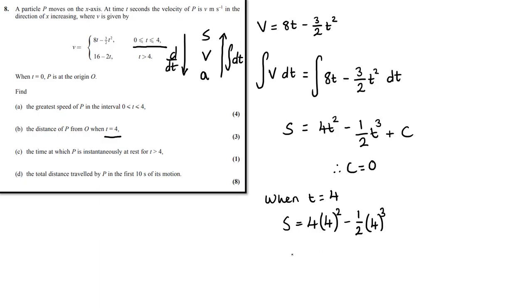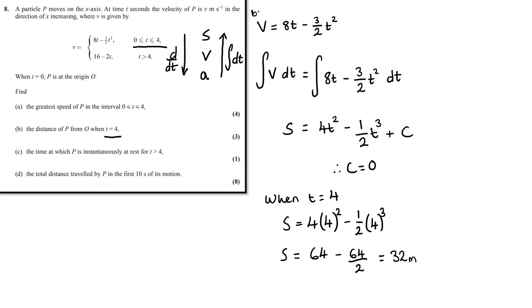Simplifying this, 4 squared is 16, times 4 we get 64. 4 cubed is 64, divided by 2, so that's minus 64 over 2. If we evaluate this, we get 32. We're working in meters here, so that's 32 meters. So the distance of P from O when t equals 4 is 32 meters. So that's part B.